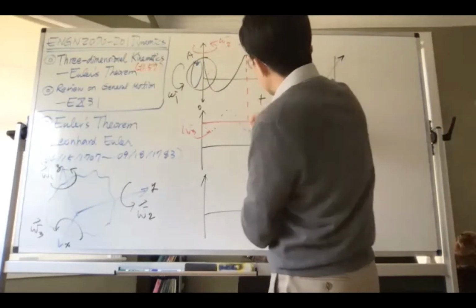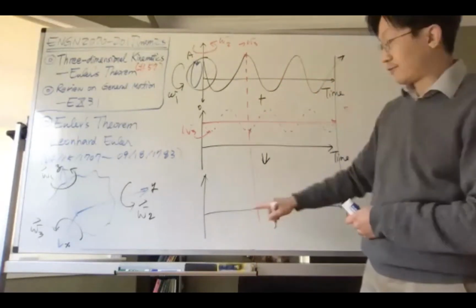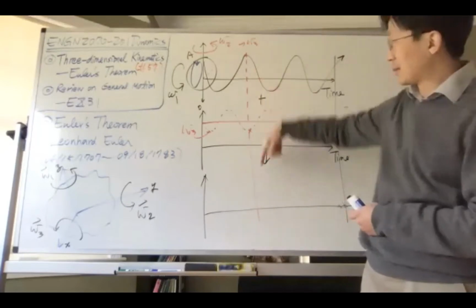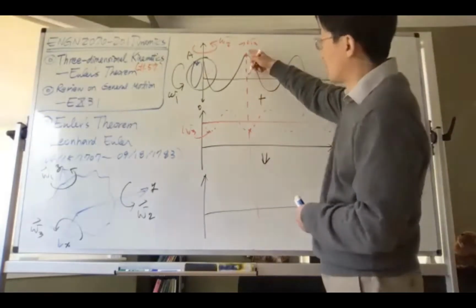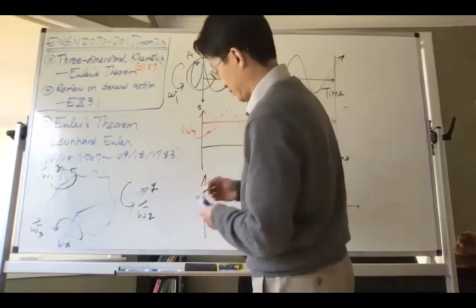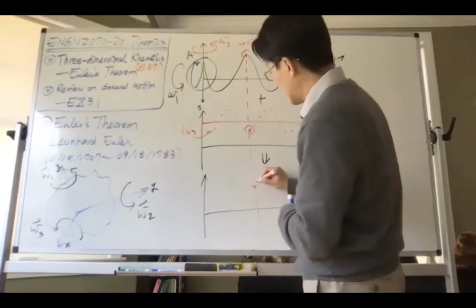For the time moment here, it is true that the final position, which is the total summation of these two, is the summation of these two, one by one. Right? So suppose this is the total. It is actually this plus this.